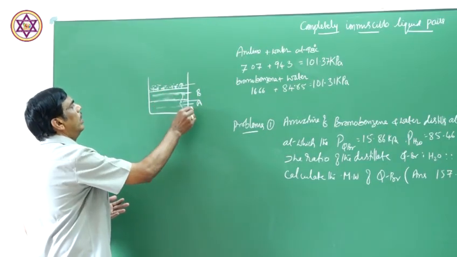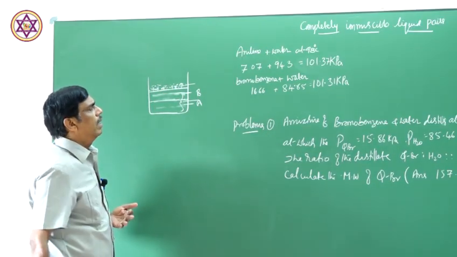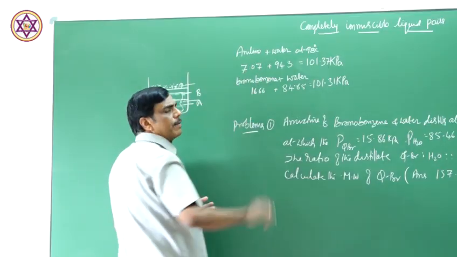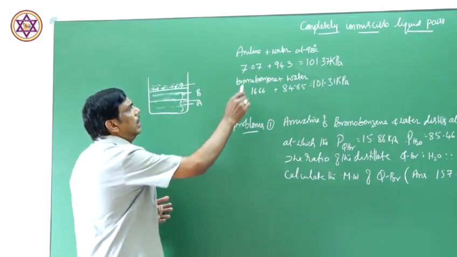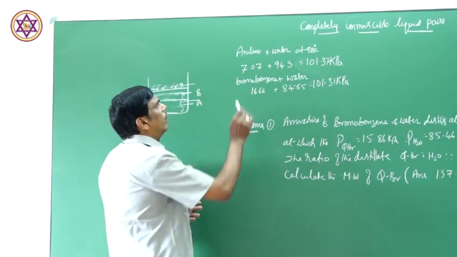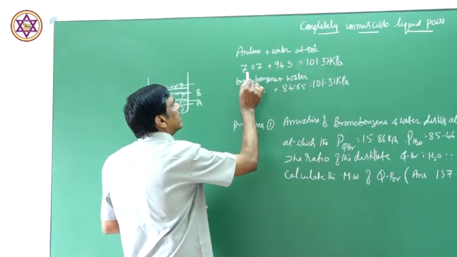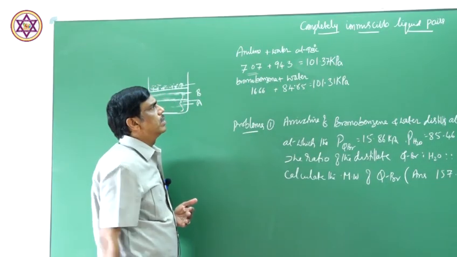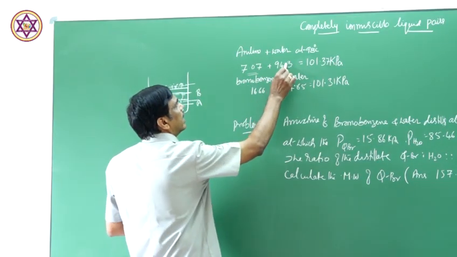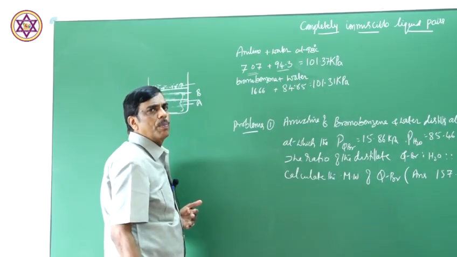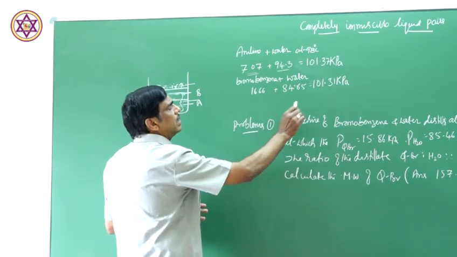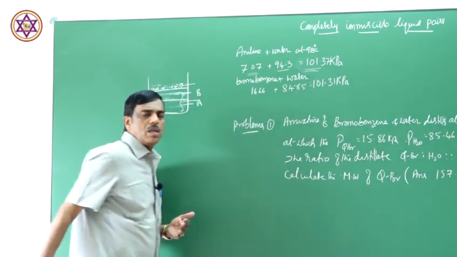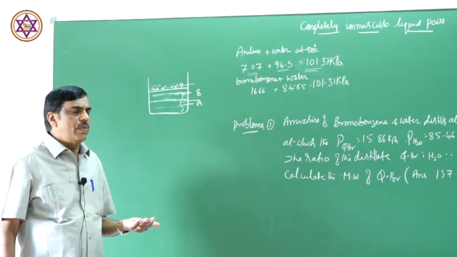So, therefore, for these liquid mixtures A and B, for example, aniline and water, the vapor pressure of aniline at 98 degrees centigrade is 7.07 kilopascals and that of water is 94.3 kilopascals. Total sum is 101.3 kilopascals, which is equal to atmospheric pressure.